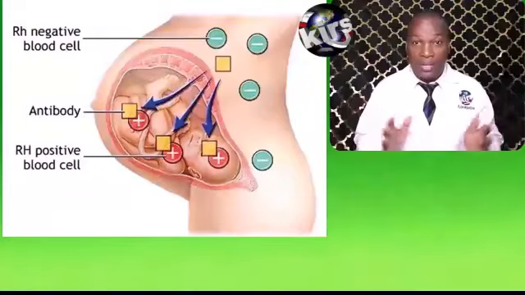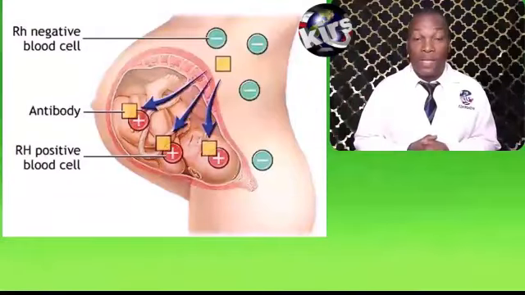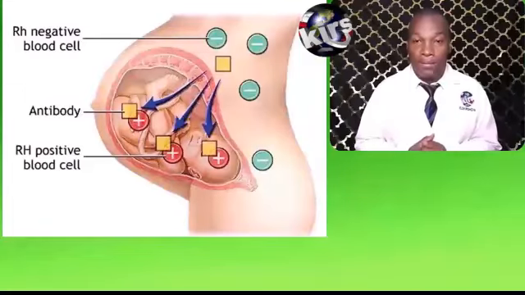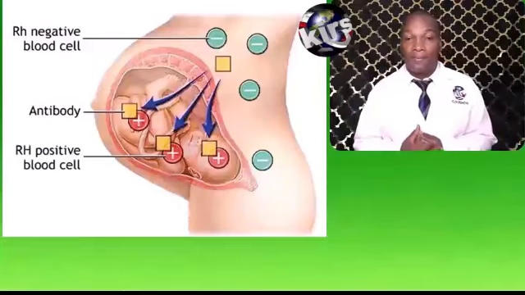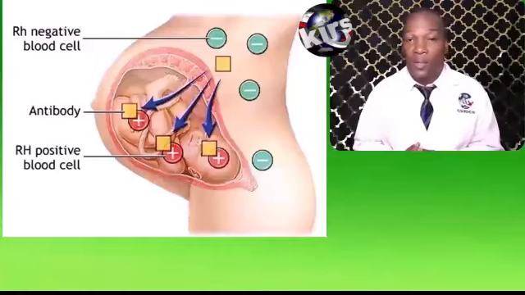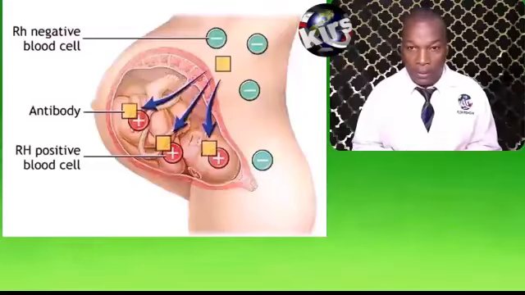And this is where the myth is. Sometimes we have had people getting the firstborn, and then they end up getting married, and from there you find that all the other children are having complications.